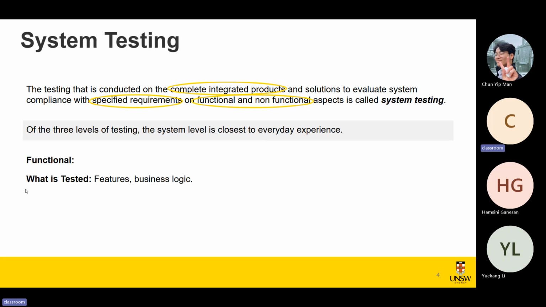For functional system testing, what we care about is the features or the business logic of the program. So we aim to test whether the system can function well or not. The method is normally that we provide some test inputs and we validate the outputs of the program against some expected results.